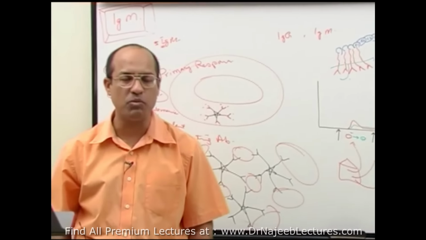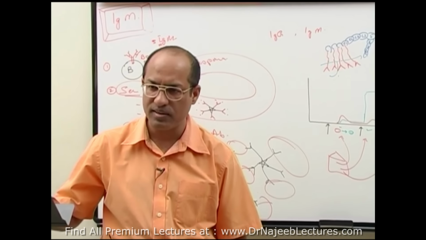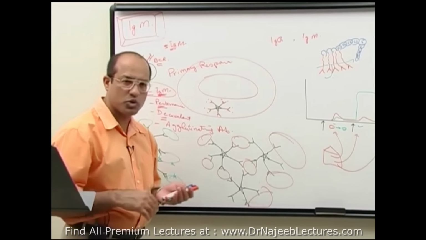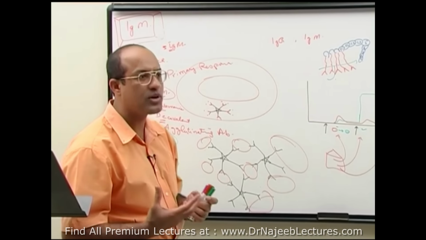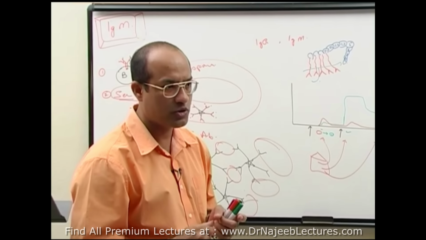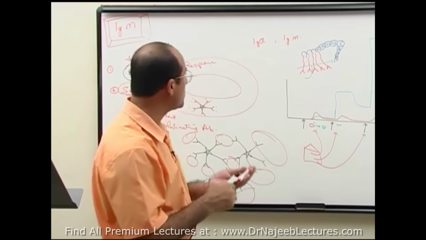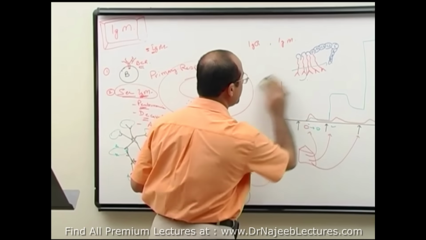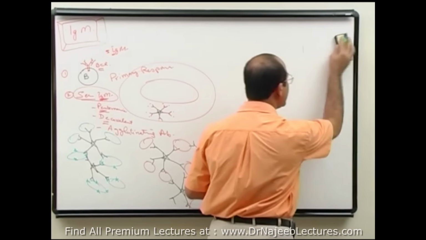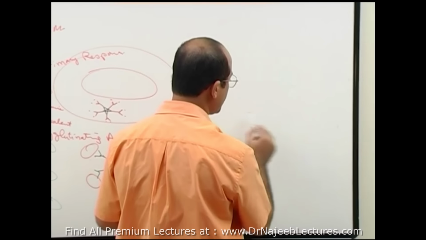So IgM has one more function: complement pathway activation. But there is one thing: the receptors for the Fc portion of IgM are not present on our cells, so IgM cannot bind with our cells. Let me tell you, if there is a bacterium here, how is IgM going to kill it? IgM can destroy the bacteria by activating the complement.